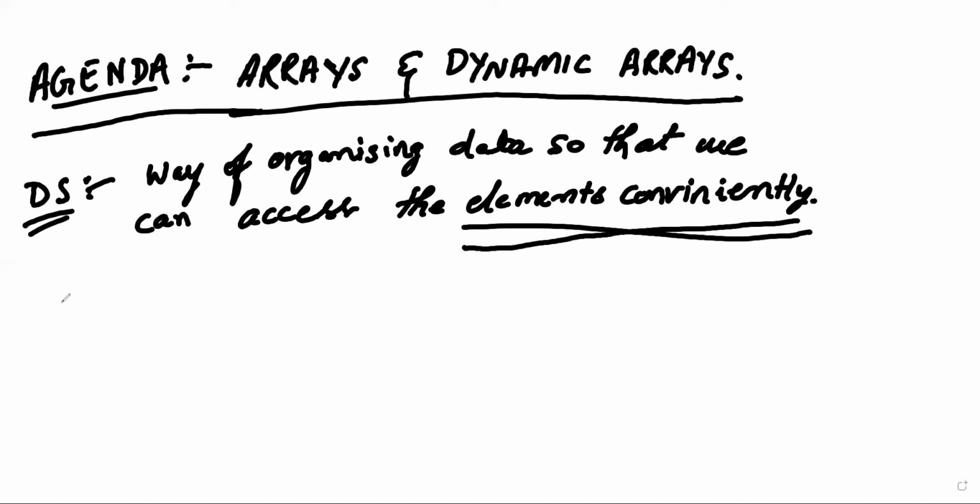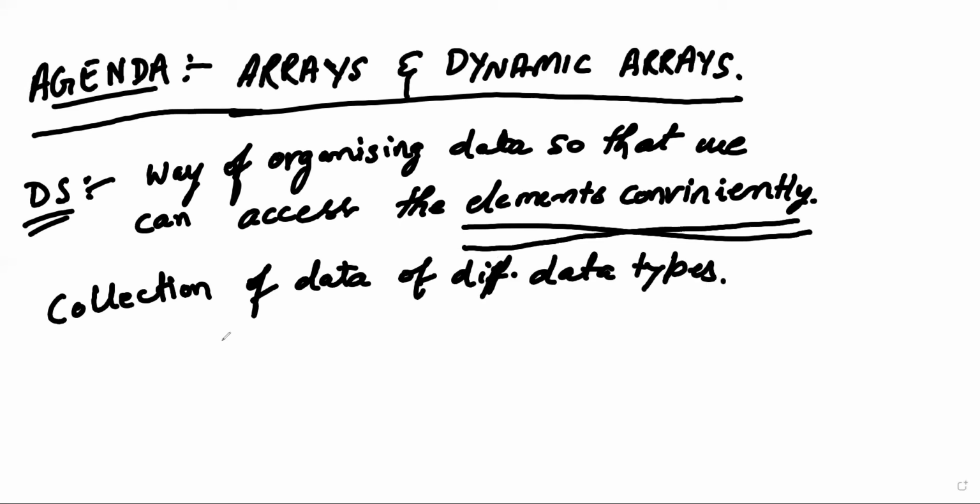Another way to say what a data structure is, you can call it a collection or group of data, or a collection of data of different data types. To give an example of how data types and data structures differ: in data types, we generally only store a value, and in data structures, we can store a group of data.